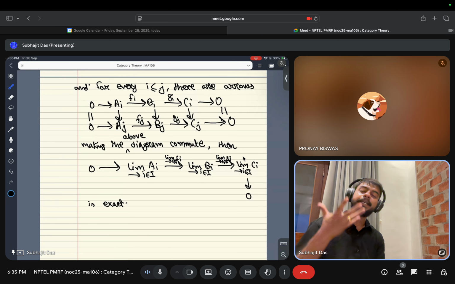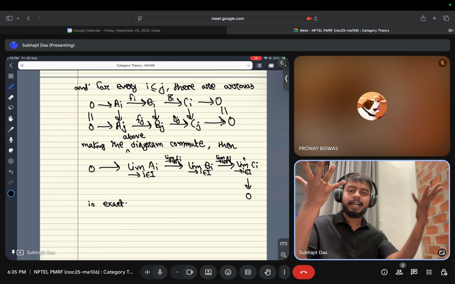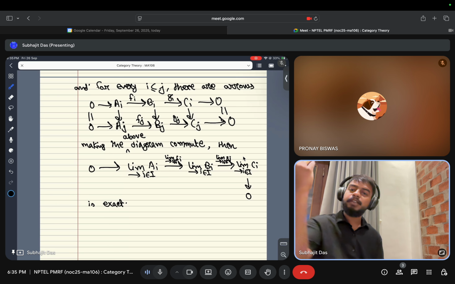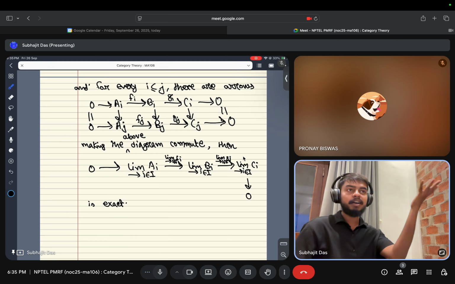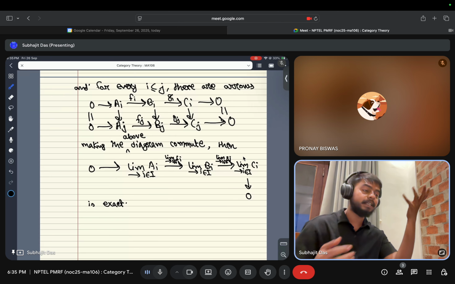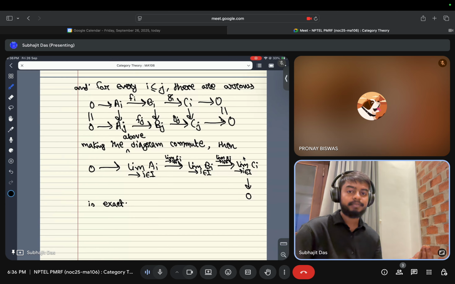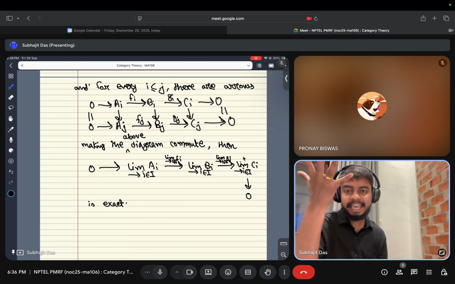So think about this pictorially. You have one diagram of AIs, you have another diagram of BIs, and for every I you have a map from AI to BI. Now you can take the co-limit here, you can take the co-limit here, right? Using the map FI, you can restrict this co-limit of the BIs to obtain a co-cone with the vertex limit BI, but it's a co-cone for the diagram of the AIs.